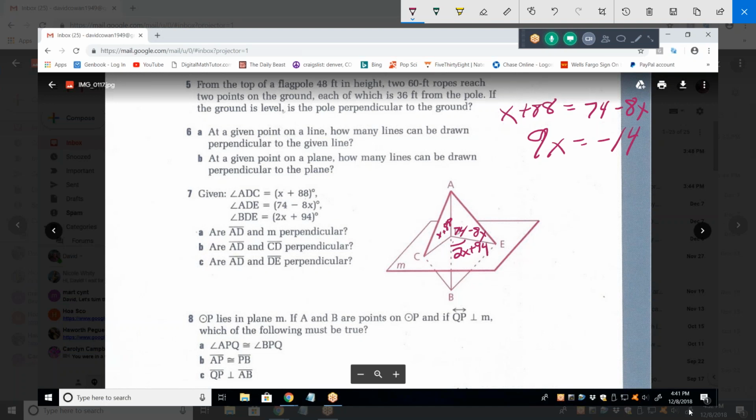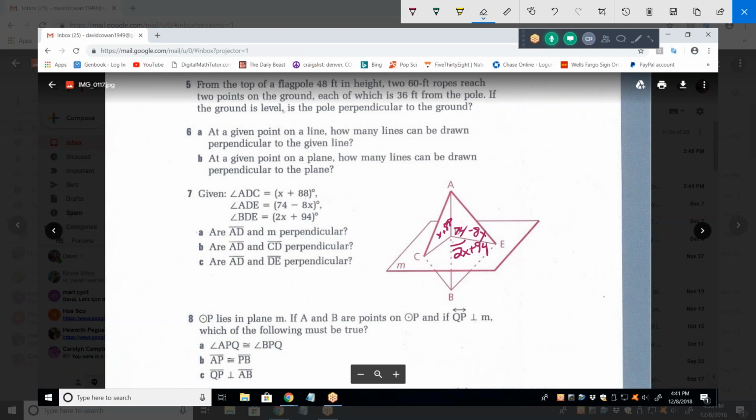I think that's no, because for angle ADC, x has to equal 2. And then obviously for the other angle, it is not equal to. So there's no way. When I tried to solve it, I came up with a negative value for x, which means that ADC is not 90.